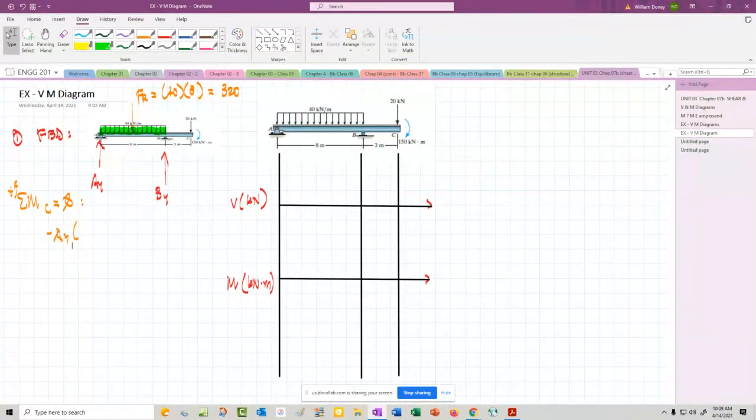AY times, is it 5? Oh, I have some different values there. Sorry. Let's see. Now I'm going to do about A. Let's change that up. As I look about this, I can go about C. It doesn't really drop anything out for me. I want to drop out one of these loadings, either this support or that support. So let's do about A.